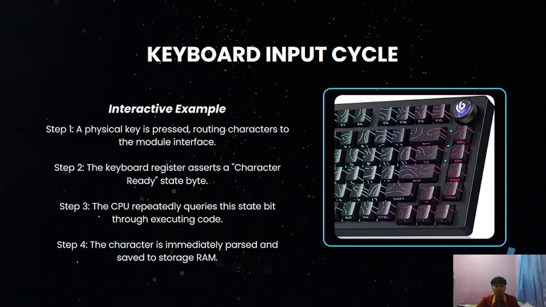The CPU continuously checks this status flag. Once the CPU detects the keyboard is ready, it reads the character and stores it in memory. This example clearly demonstrates how polling works in programmed I/O.